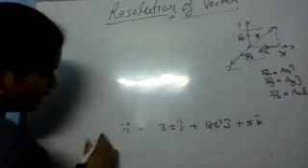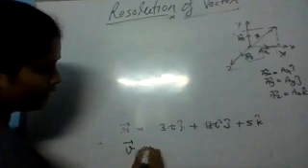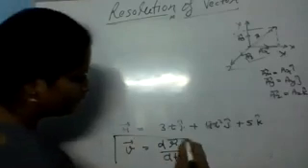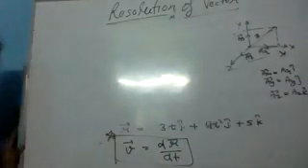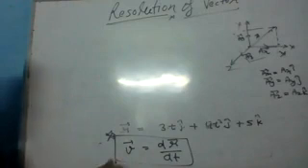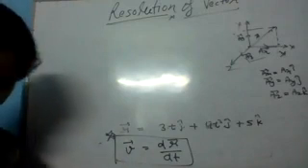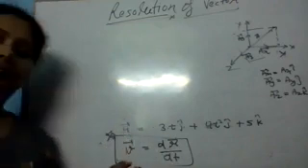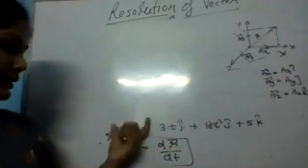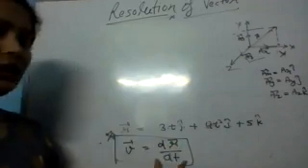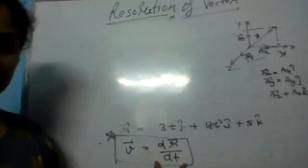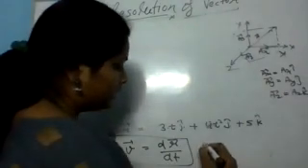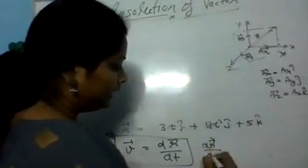We know that if we want to find out velocity, we have to differentiate the position with respect to time. Remember this formula? If we have to find out velocity, we have to differentiate the displacement or the position with respect to time. So here we have to do the differentiation: dr vector upon dt.